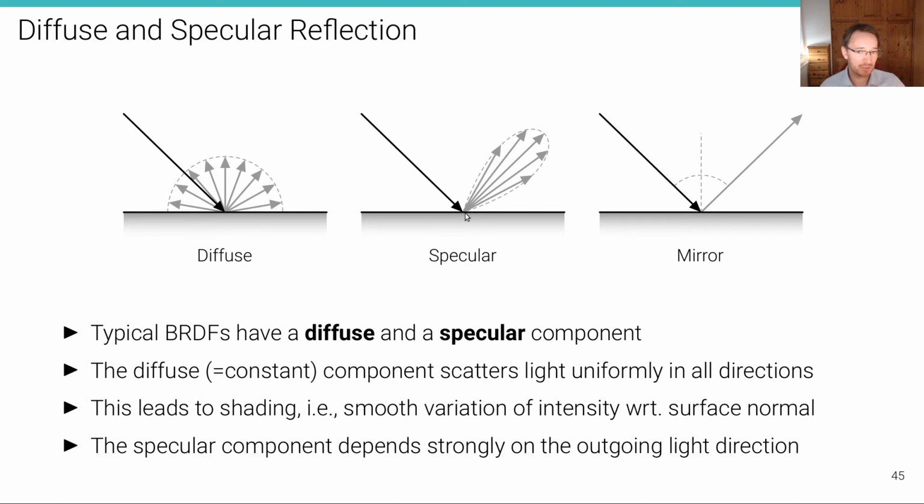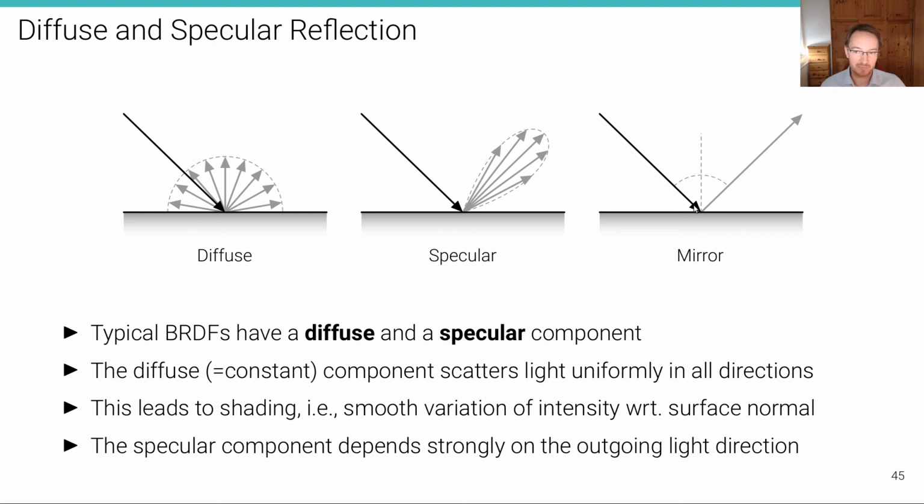But if you have a specular surface, think about a metallic or a plastic object, then there's more light reflected into the direction of the ideal mirror reflection. This is the strongest effect, and then it attenuates, it falls off if you go further away.